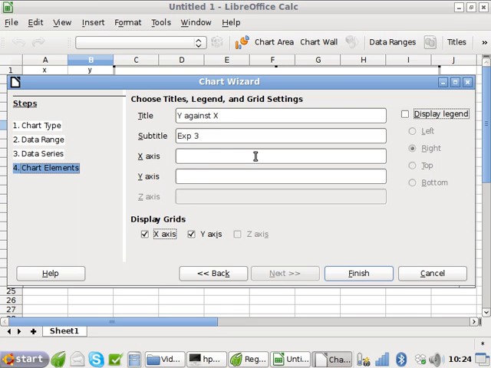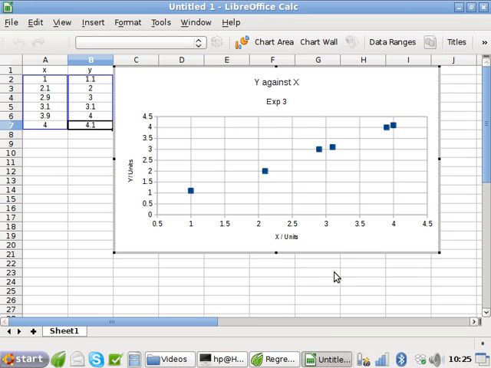Maybe mine is acceleration and force, or current and voltage. What you have on the x-axis is x-axis slash the units for x, and on the y-axis is y, slash the units for y. For example, force and newtons, or meters per second squared, whatever.